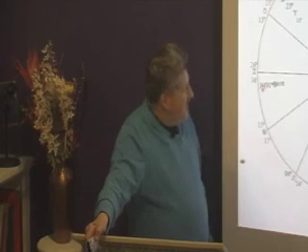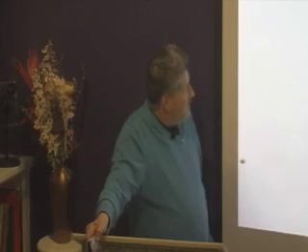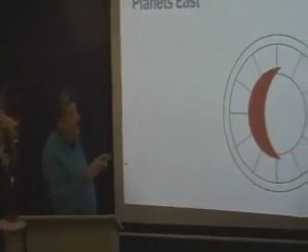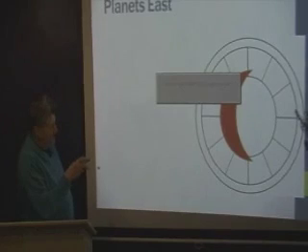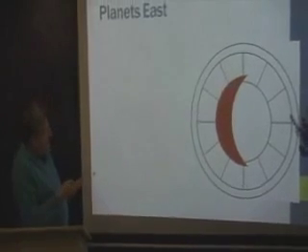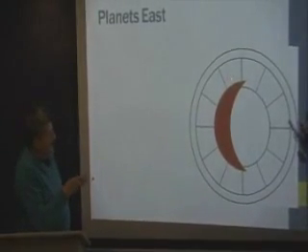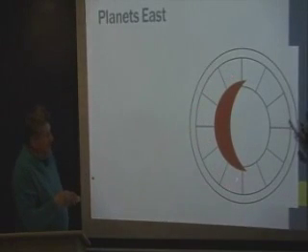So, those are the 5 planets below the horizon. Planets on the east of a chart are planets which are found in houses 10, 11, 12, 1, 2, and 3. This is the eastern half of the chart.